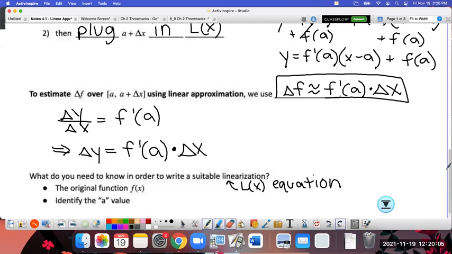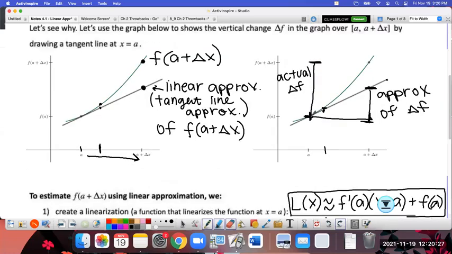And then the second thing that it could depend on is if we're working with word problems and you don't actually have the means to find that original function, you just know specific points of information. The way that you choose that a value is, where do you actually know the entire coordinate for? Because when we're drawing that linearization, we better know the coordinate that we're writing the tangent line for.